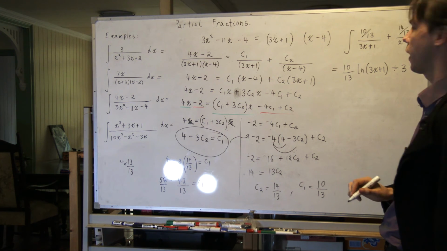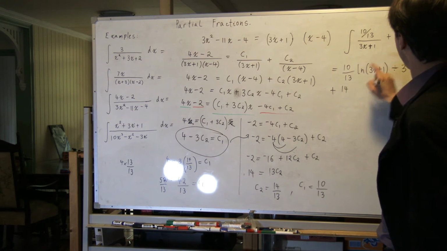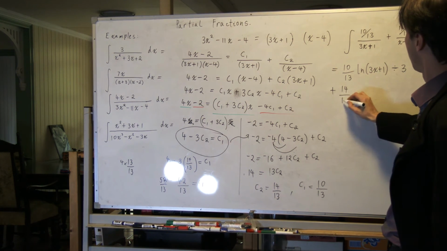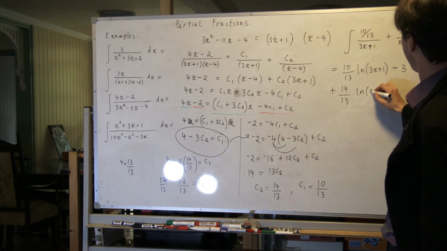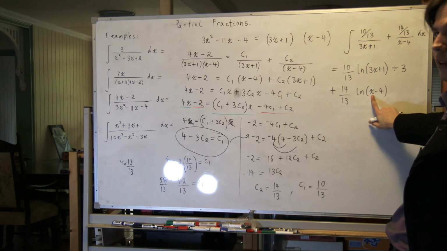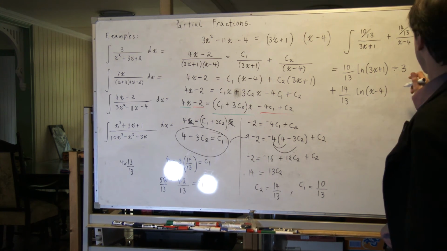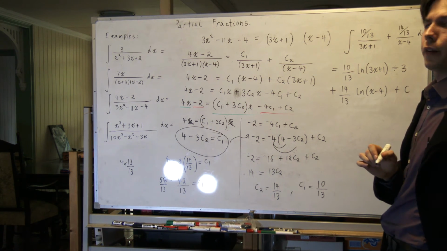It's not 1 in this case. Then we have 14 over 13 times ln of x take 4, divide by the derivative of the inside of the bracket, which is 1, so that's fine. And always, always, always add a constant.